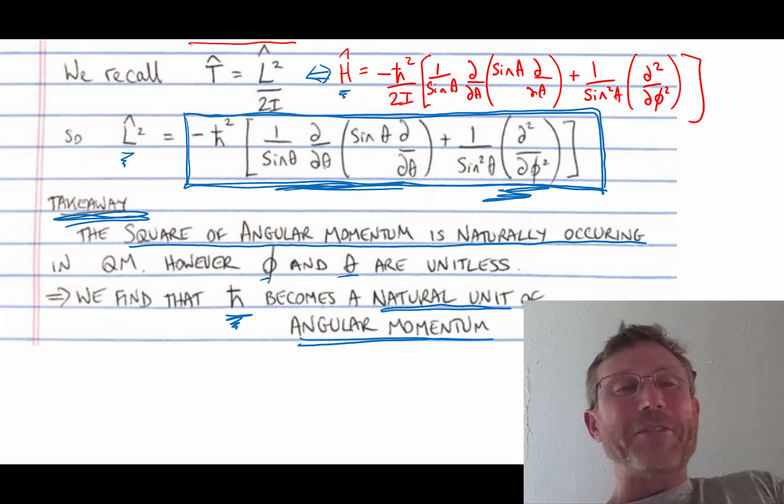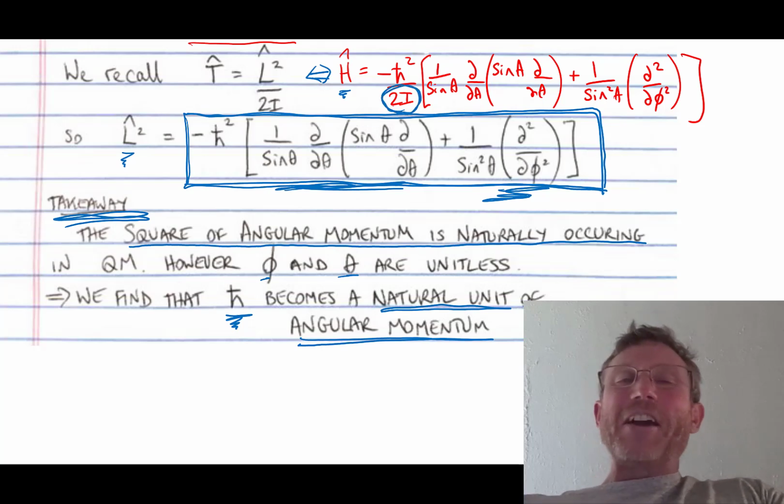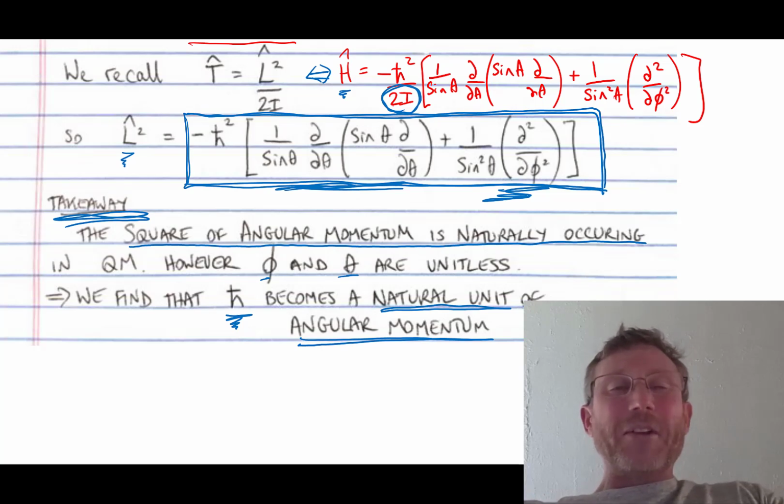The only difference really is this 2I down here. So energy and angular momentum squared are also seemingly connected. Let's see where that takes us in the next lecture. Thanks very much for your attention.